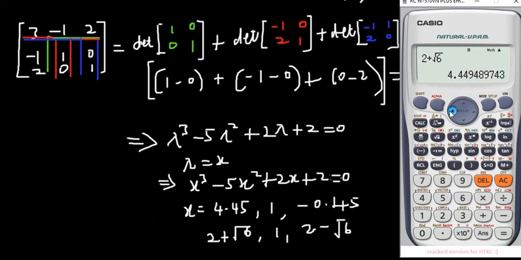And let's check for 2 minus root 6. You could notice that we have the same value over here, minus 0.45. So this is how you go about finding the eigenvalues for a 2 by 2 and 3 by 3 matrix.